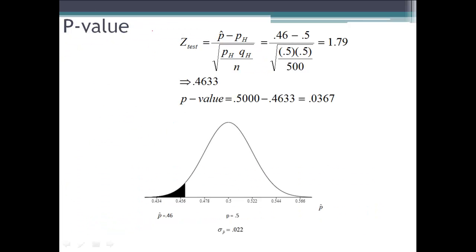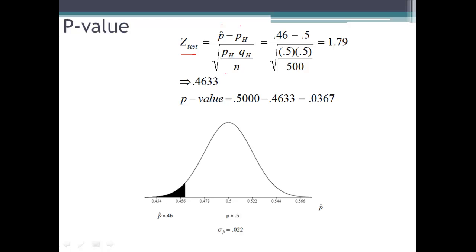Our p-value for the proportions, since they're z-tests, we're going to go ahead and show our work for that. We take the statistic, all of our hypothesis tests, all of our t-tests and z-tests are equal to the statistic, in this case p hat, minus the hypothesized parameter, in this case pH, divided by the standard error, which for proportions and hypothesis testing is pH, the hypothesized proportion, which was 0.5, times 1 minus that, divided by n.